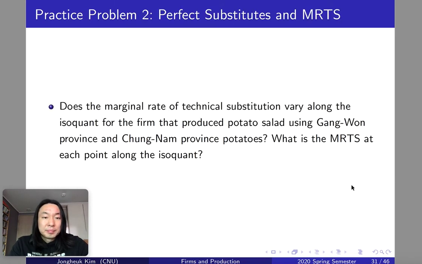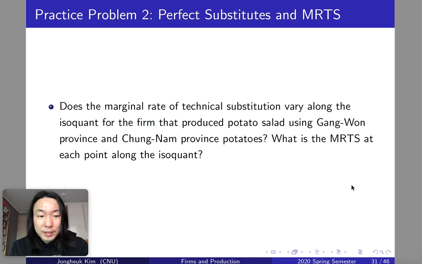Okay, so another practice problem: perfect substitutes and the MRTS. Does the marginal rate of technical substitution vary along the isoquant for a firm that produces potato salad using 강원도 and 충남도 potatoes?